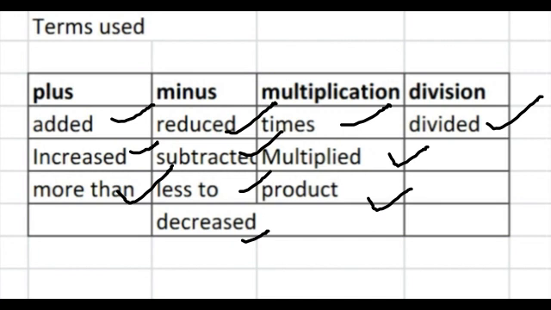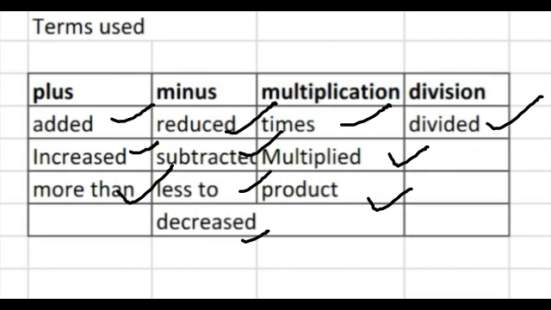Same way for the symbol minus, we can use reduced, decreased, subtracted, less to or less by. For multiplication, the terms times, product, multiplied are used. And for division, divided.